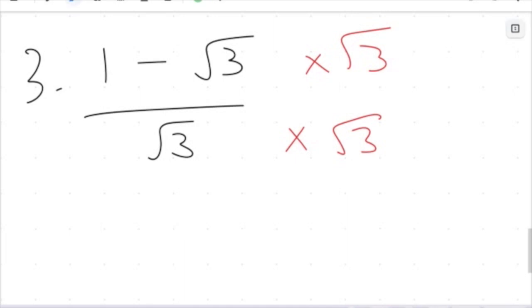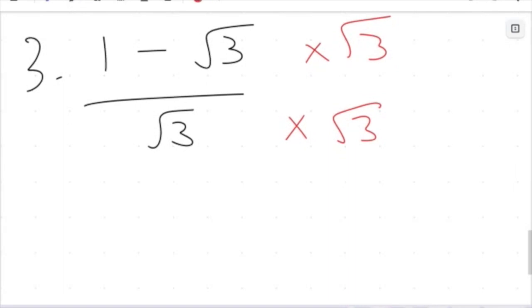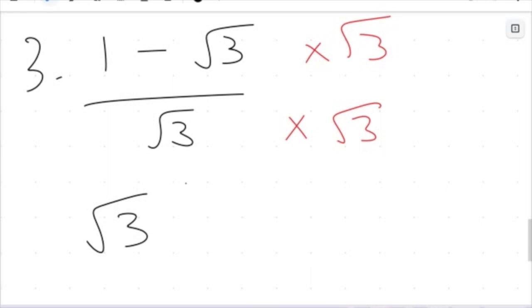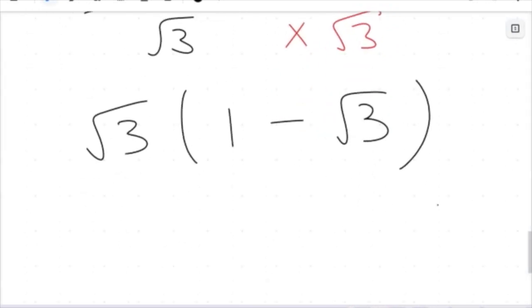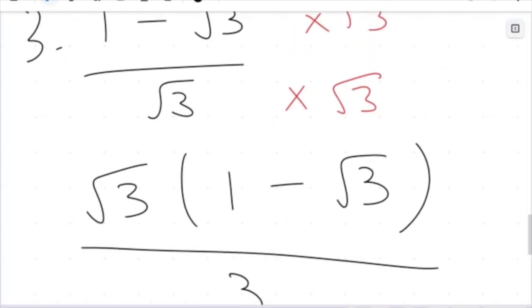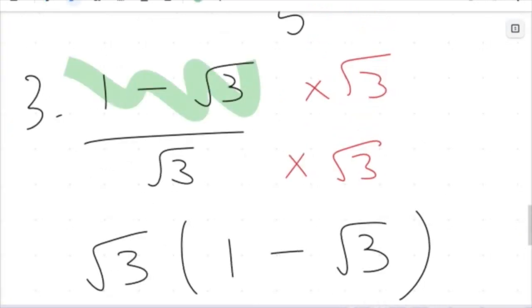So when we multiply this thing by root 3, we're multiplying root 3 by both of those. So we're going to put a bracket here to show that we are timesing root 3 by both terms, because we can't simplify this thing at all.